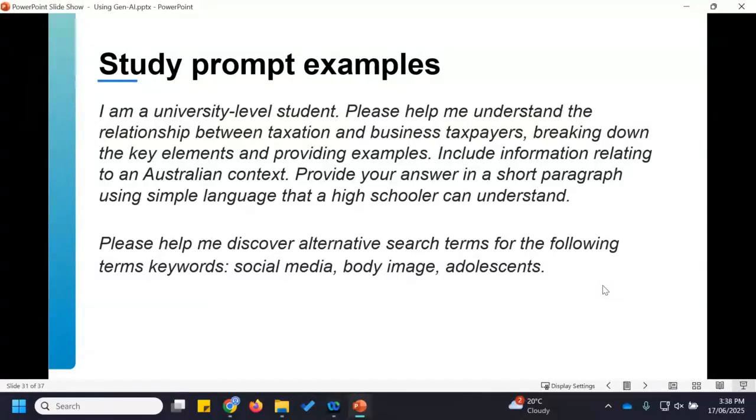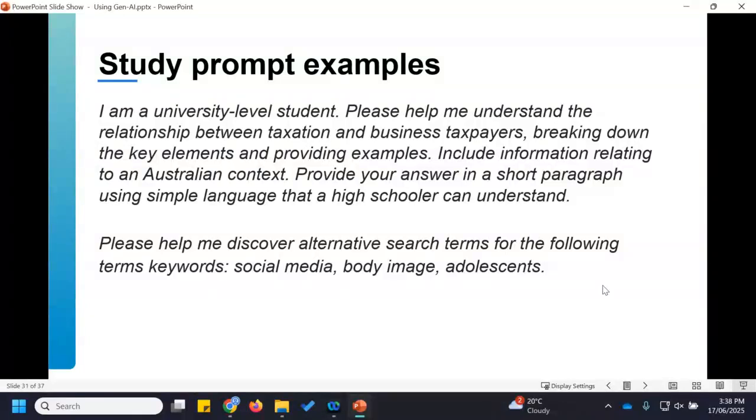So you've given it some context, you've told it what you're trying to learn, you've asked it to break it down for you using an Australian context, and asked that it be in a short paragraph that a high schooler could understand. So it's giving it some parameters to work within. Otherwise, it's just gonna give you everything. It's just going to do what it wants to an extent.